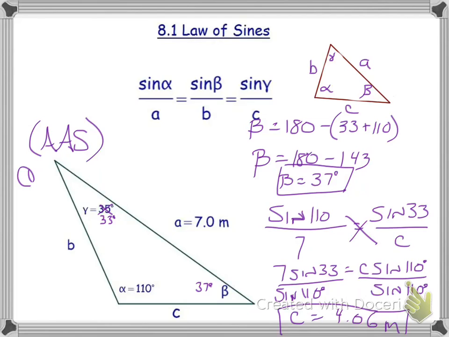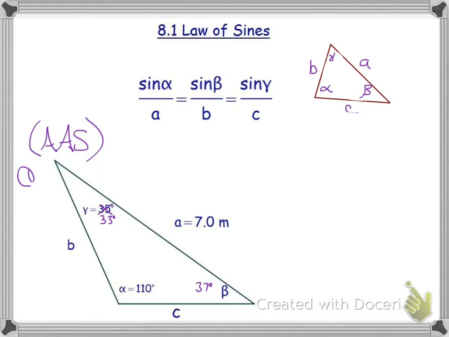I'm going to erase some so I have some room to find that last part. We're going to use the law of sines now to find the B. That's my last one. So I have sine of beta over B is equal to sine of 110 over 7.